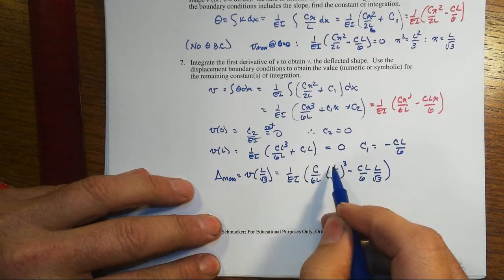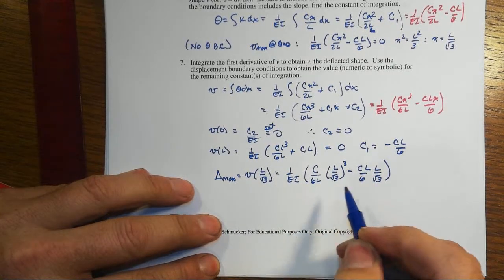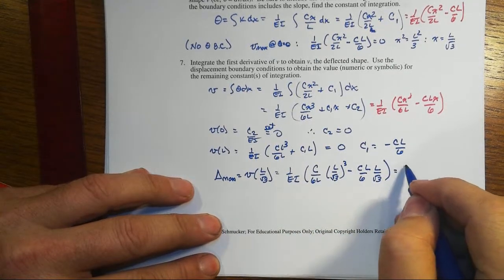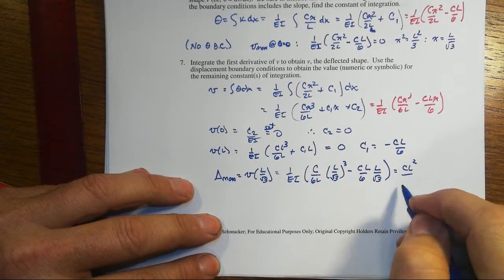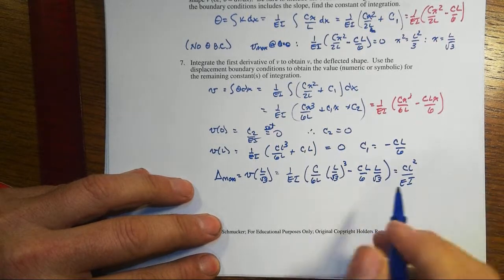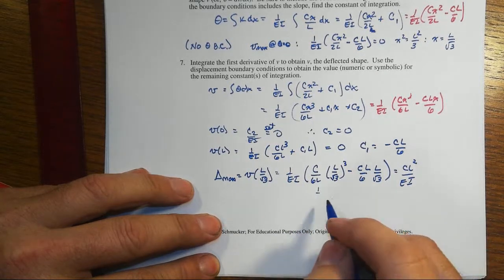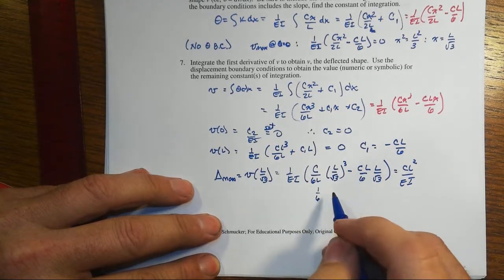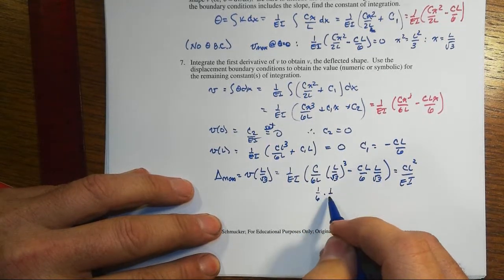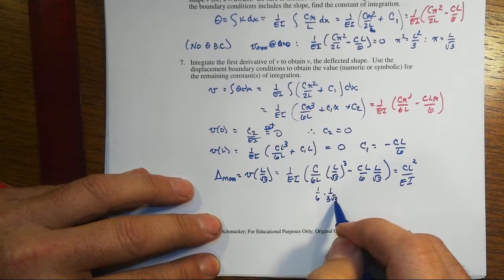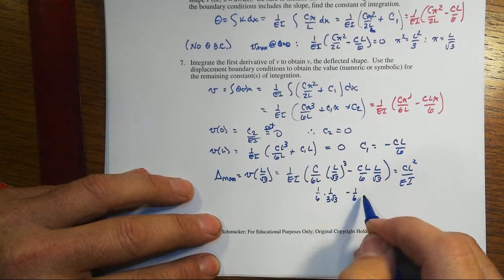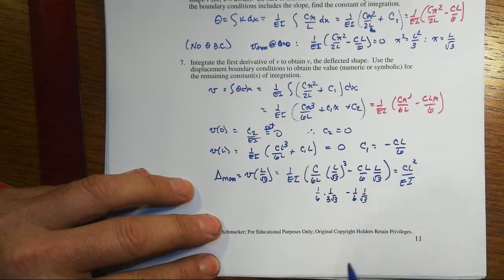So that'll be CL cubed over L, so that's CL squared. So there's a CL squared that's in here that gets factored out over EI. And then this becomes 1 over 6 times 1 over 3 root 3 minus 1 over 6 times 1 over root 3.